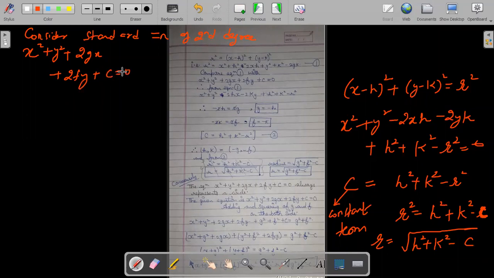Now what have we done in this? We have not taken the mixed term, and we have taken the coefficient of x square and coefficient of y square as 1. So we will show that this equation, equation number 1, represents a circle. Equation of a circle.